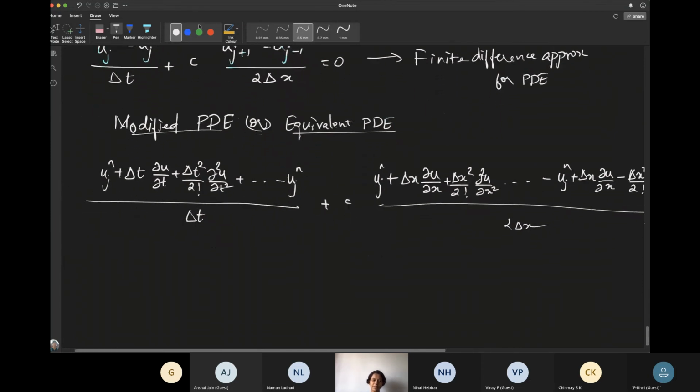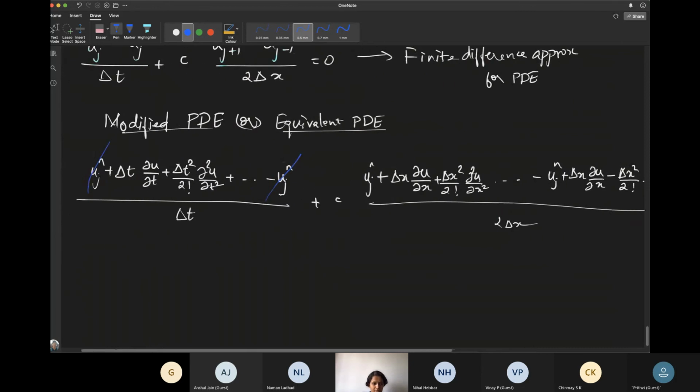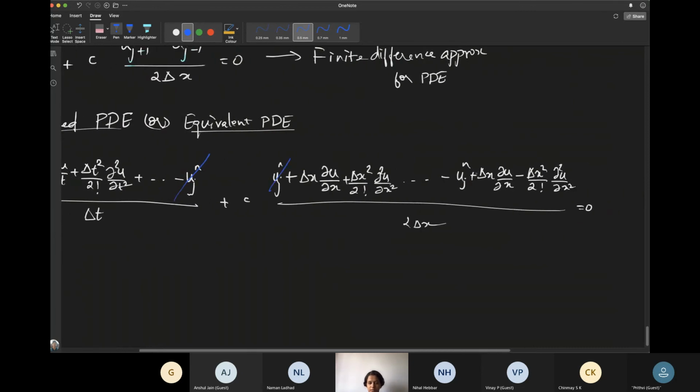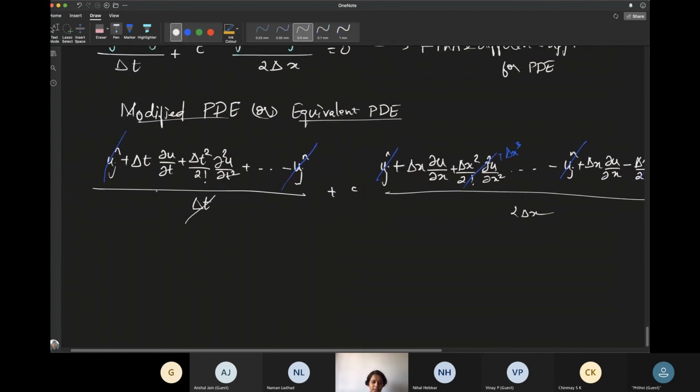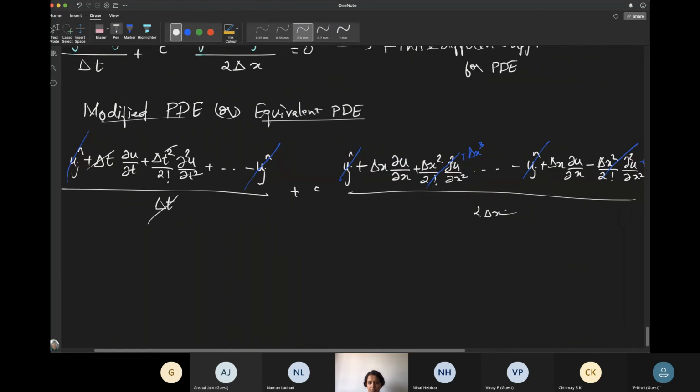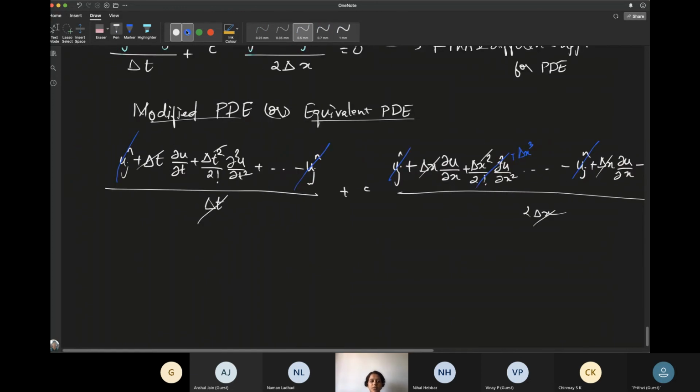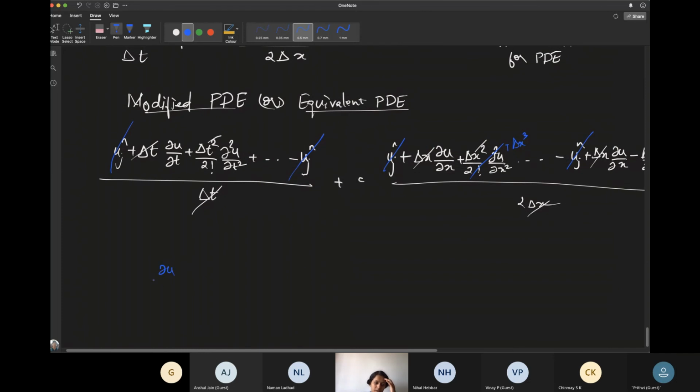When you do this, these will go off. Of course, order delta x cube terms will remain, they'll get added. Then you divide this as well, and here you'll again get back the same thing.